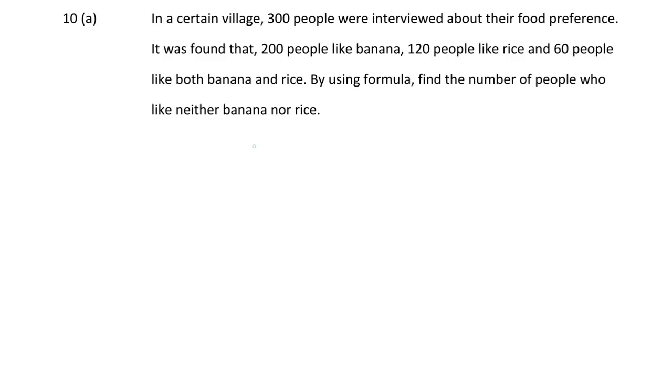Let us consider the following formula for the set, which says number of A union B equals number of A plus number of B minus number of A intersection B. From the information given, 200 people like banana, so we can say number of A equals 200.